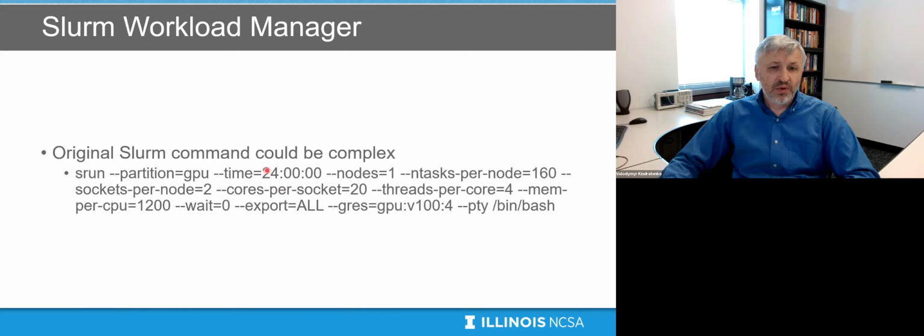You have to specify for how long, 24 hours. You want to say how many nodes. You're asking for just one node. You want all of the CPU threads, so you also have to say that this is 2 CPU sockets, all the cores on them, and so on. You also have to say the amount of memory, and all that. So a pretty complex task.